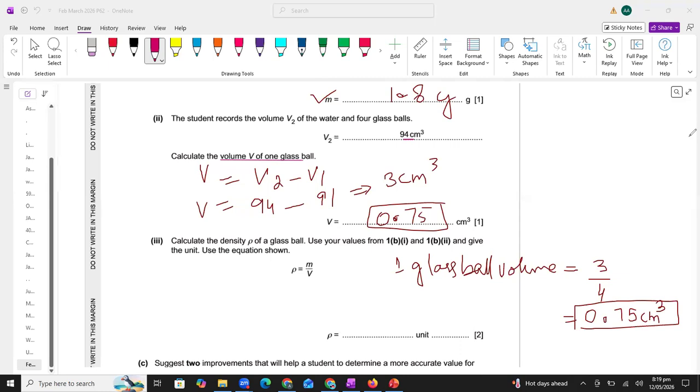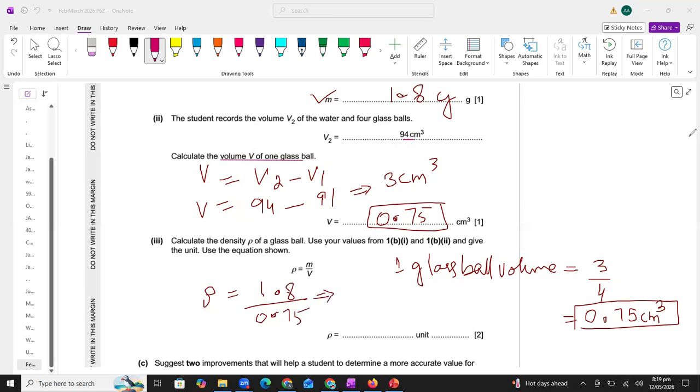Exactly, students. Now we don't need to memorize the formula because the formula is already given in the question. That is the good thing about the ATP, that all formulas are given. So density is equal to mass upon volume. So mass of one glass ball is 1.8 and volume is 0.75.